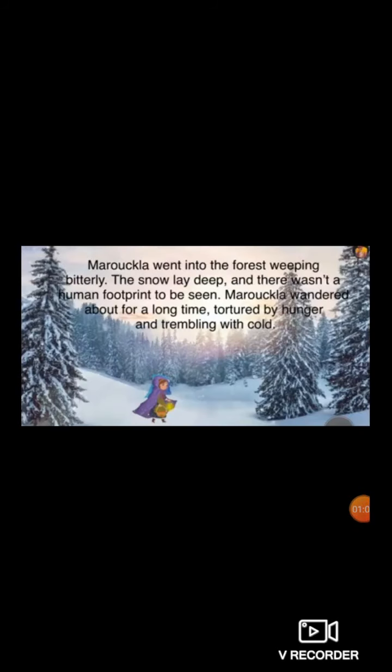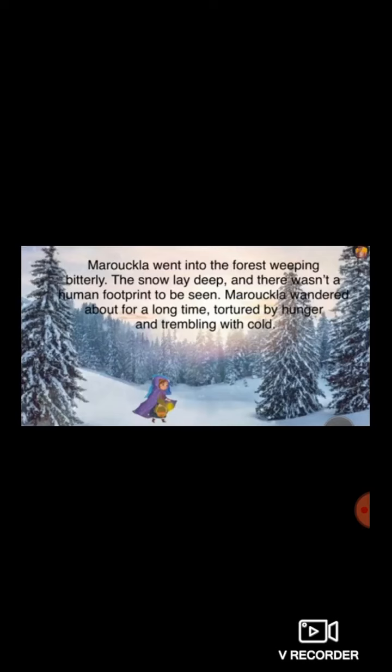Maricla went into the forest, weeping bitterly. The snow lay deep and there wasn't a human footprint to be seen. Maricla wandered about for a long time, tortured by hunger and trembling with cold. So Maricla went into the forest to get some violets for her sister Helena, weeping bitterly, which means she was crying.